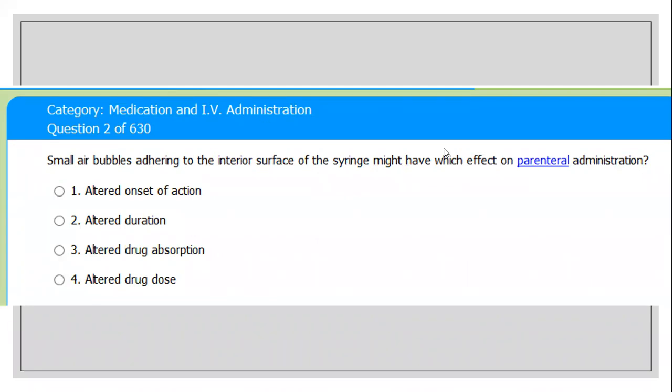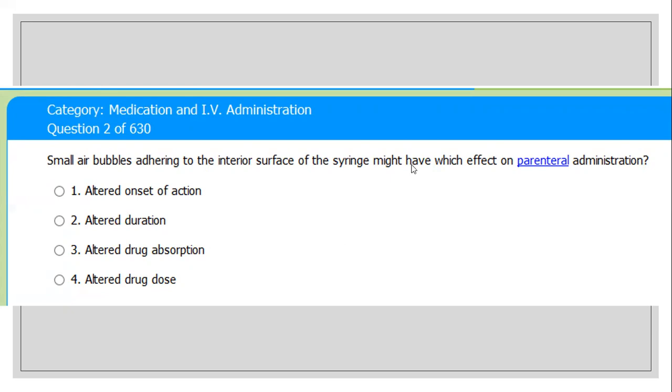So when a healthcare provider is ready to give the injection, suddenly found a small air bubble. Why is this important? It could alter the onset of action, alter the duration, alter drug absorption, or alter the drug dose.